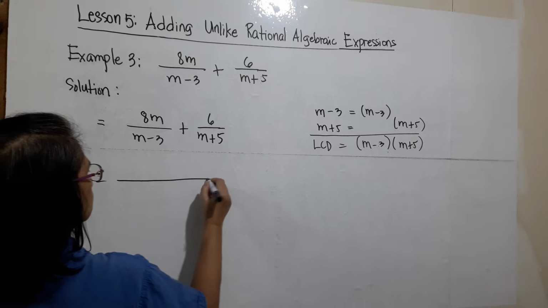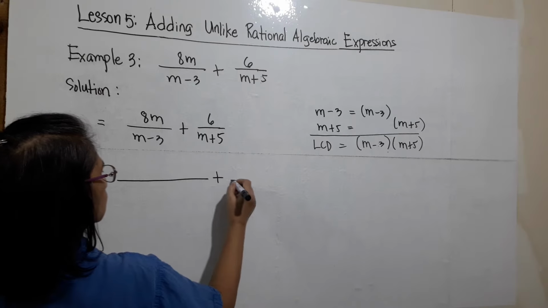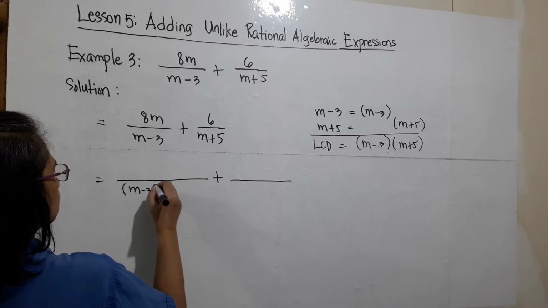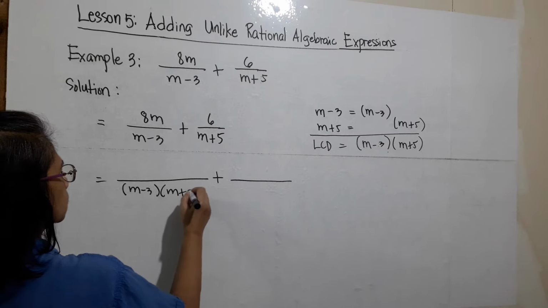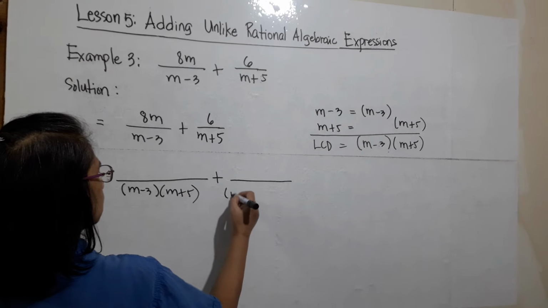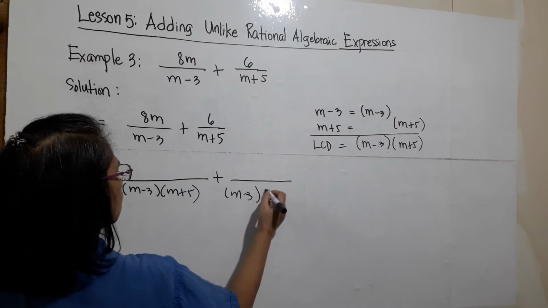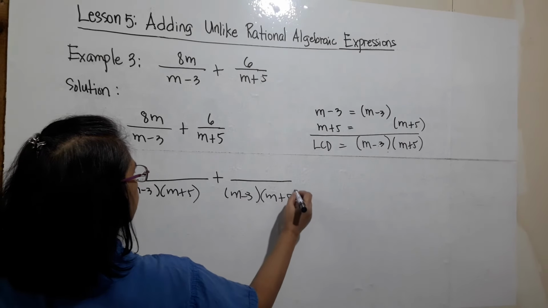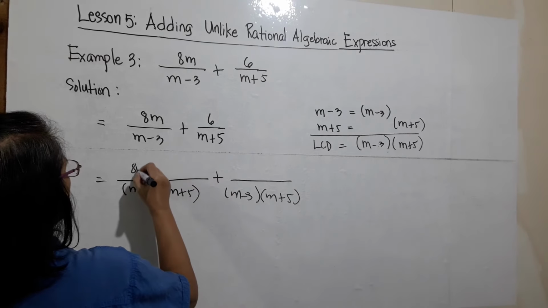Okay? So we have m minus 3 times m plus 5. Here is m minus 3 times m plus 5. Copy 8m.